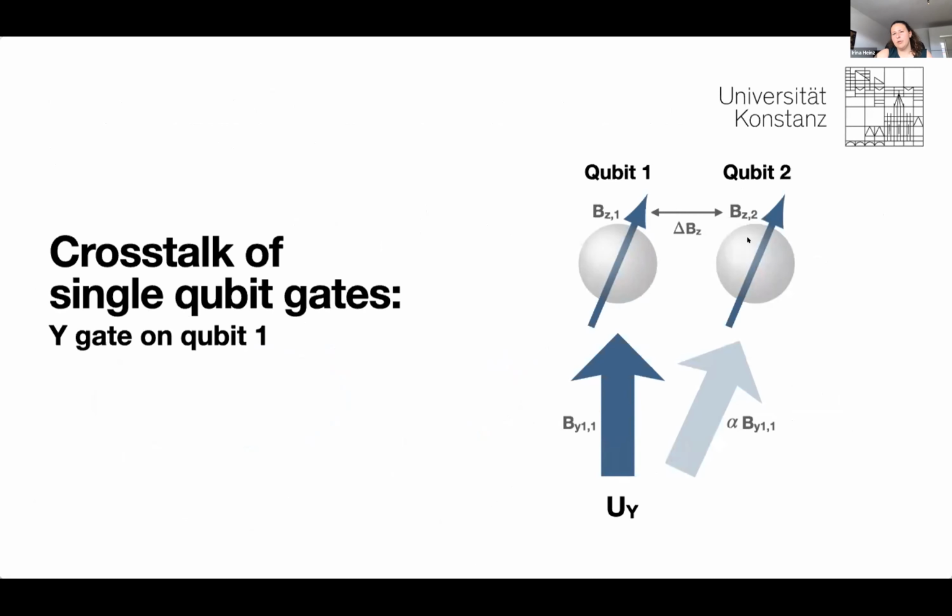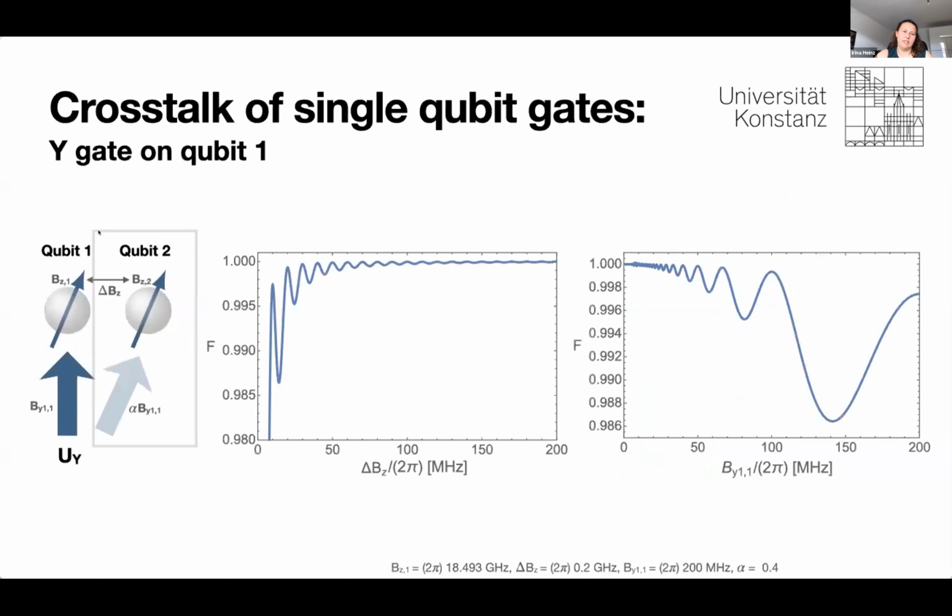Then we have a neighboring qubit 2 with resonance frequency BZ2, which differs from the first one by this delta BZ gradient field. On qubit 2, there will act a residual field of the driving, which is determined by this alpha here. Then we look at the fidelity of the second qubit. This is what we are interested in.